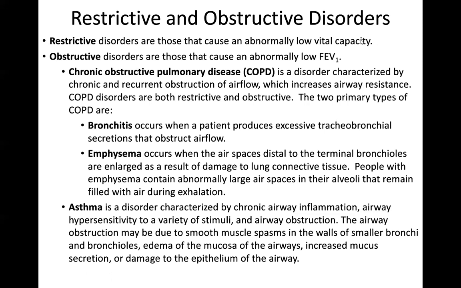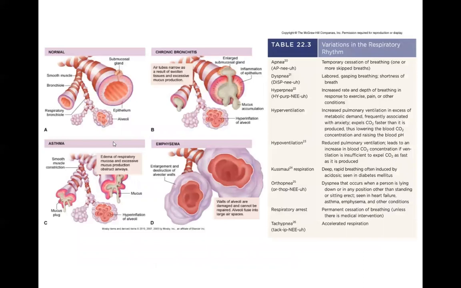Okay, so they're going to have a low vital capacity and a low FEV1. Okay, 2 primary types of COPD are bronchitis and emphysema. Mentioned a little bit about emphysema last week, but bronchitis occurs when a patient produces excessive tracheobronchial secretions, where essentially there's too much mucus that blocks their airways, and therefore the air can't flow through very nicely.